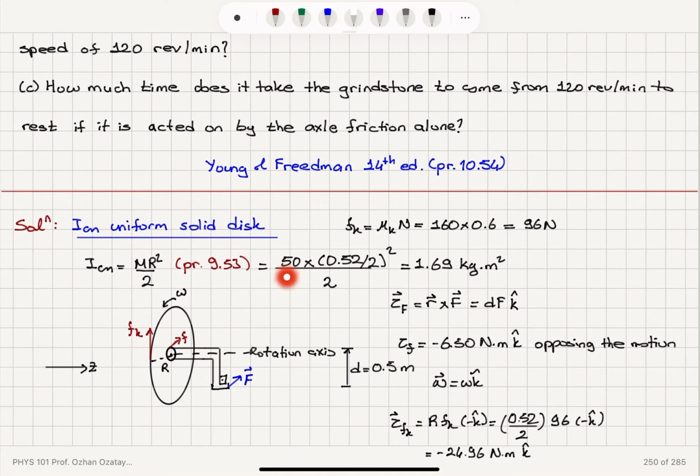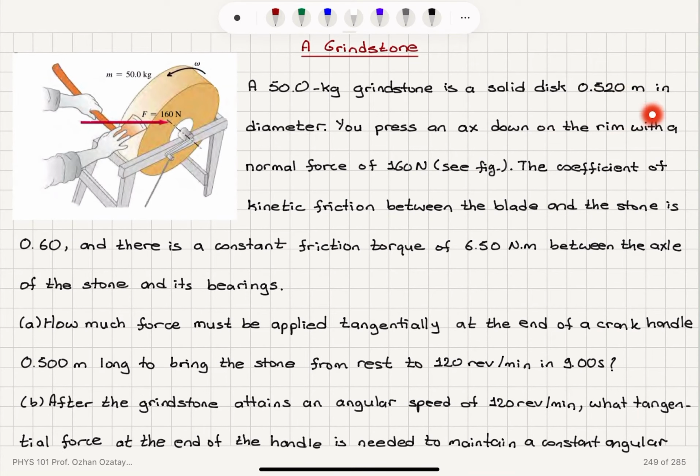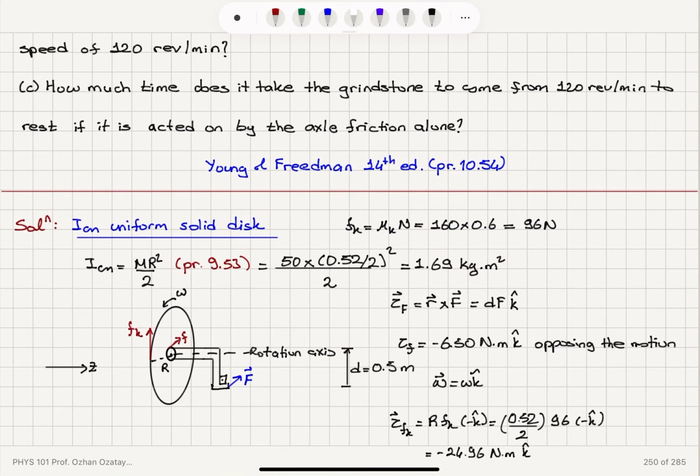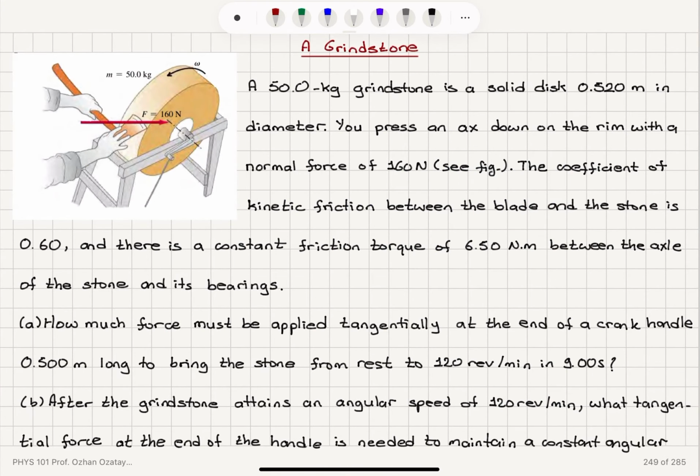So here I have 50 kilograms, 0.52 over 2 meters as its radius, and divided by 2, I obtain the moment of inertia. You press an X down on the rim with a normal force of 160 newtons, and the coefficient of kinetic friction between the blade and the stone is 0.6.